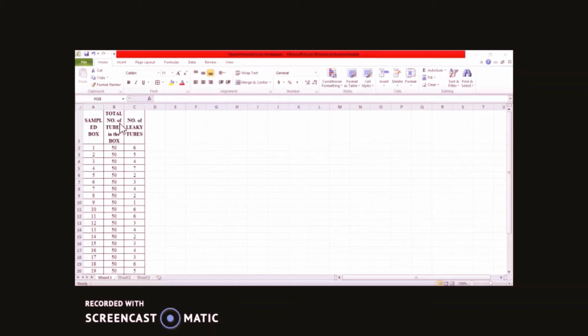And for that purpose, the first thing is we have to find out the fraction defective, which you can also call small p. So how is it found?